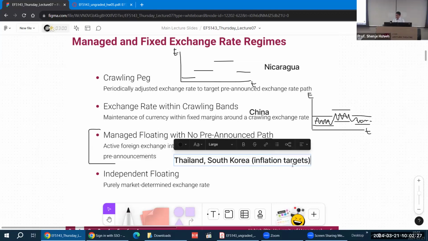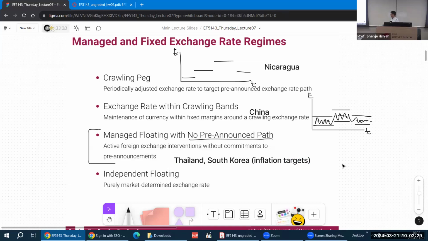Okay. In other words, they think that they can address certain internal governance objectives by intervening in the FX markets, but they won't announce that they're doing it to the public. Okay, so that's why it's called managed floating with no pre-announced path, because there is still intervention.